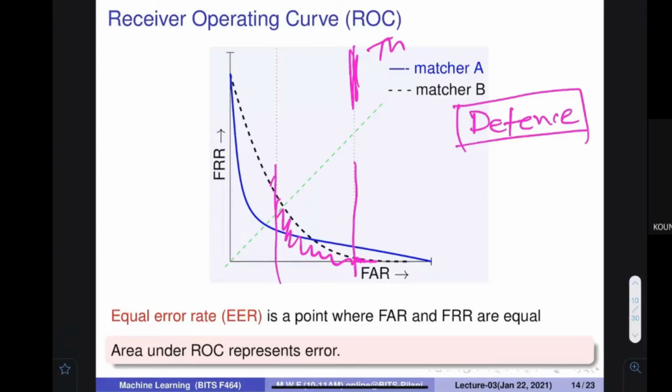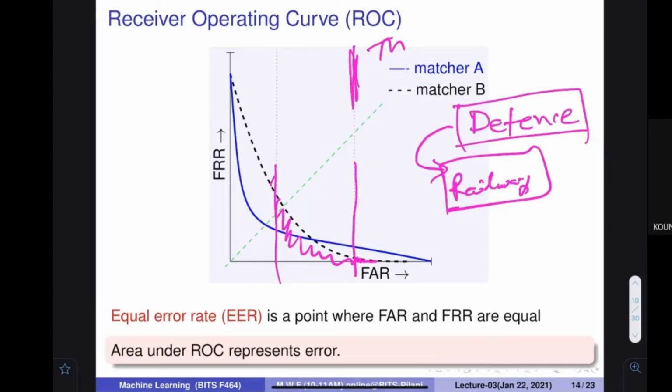But if you are going to apply this face recognition system, for example, on a railway platform, then what would happen? If you do this, many people would be rejected, because you know that when the threshold is high, many people are rejected.